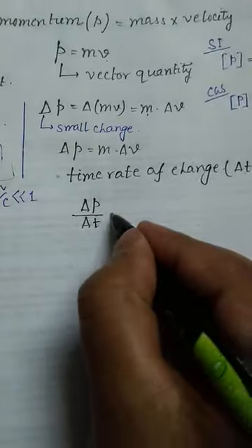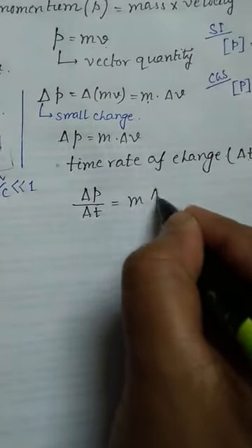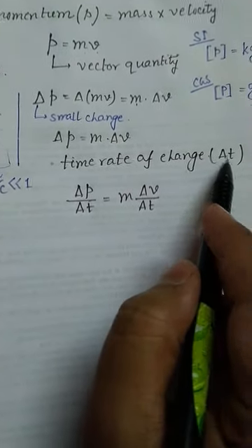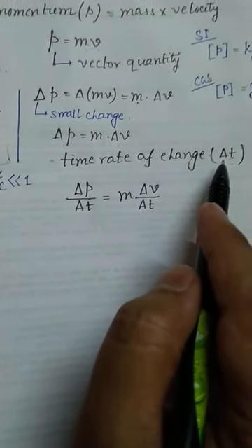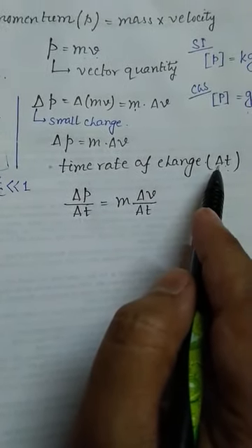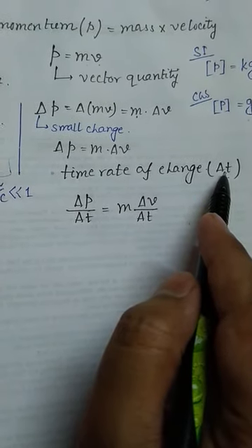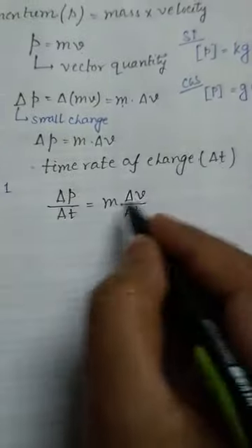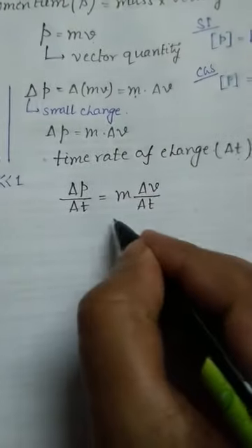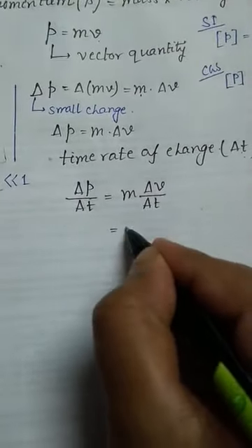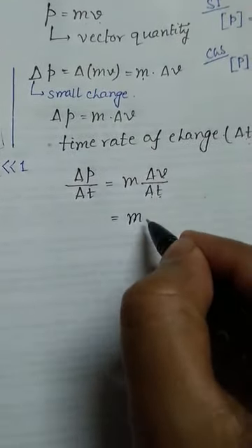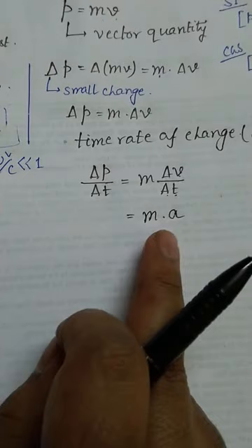So from here we can write m into delta v by delta t. You may ask me, sir, why are you taking delta t? I am taking a small time interval basically. So this is a form. And another thing I shall tell you, this is the rate of change of velocity, and the rate of change of velocity is equal to acceleration.